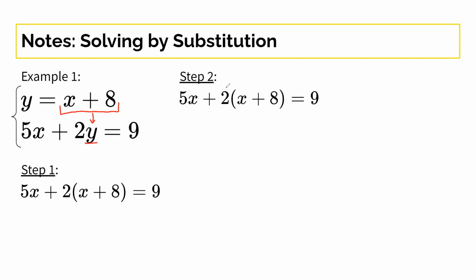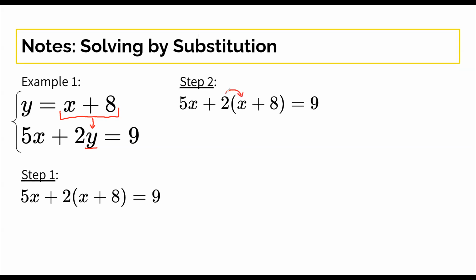So I'm going to multiply everything in that parentheses by 2. 2 times x, 2 times 8. When we do that, we have 5x plus, and then 2 times x is 2x, and 2 times 8 is 16, and all of that equals 9.